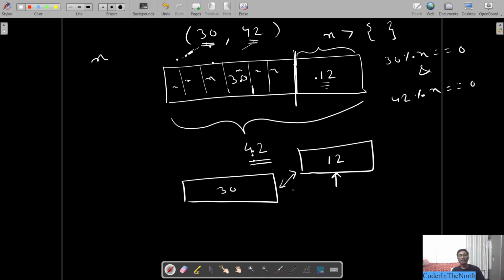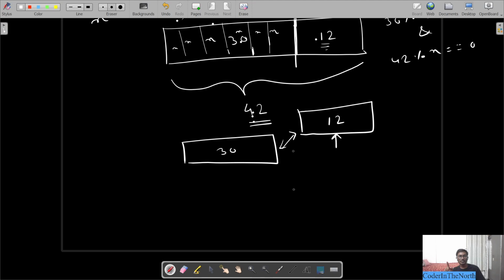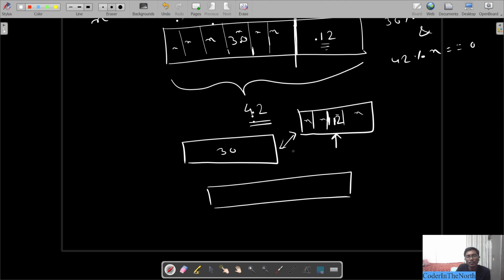Now I am considering that x divides 12 in equal parts. So if I take a block of 30, at this stage, what is my sub problem? It is that I have to find x which will divide 30 and 12 both.